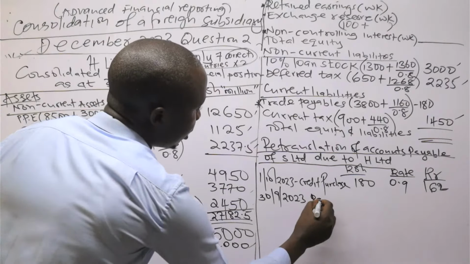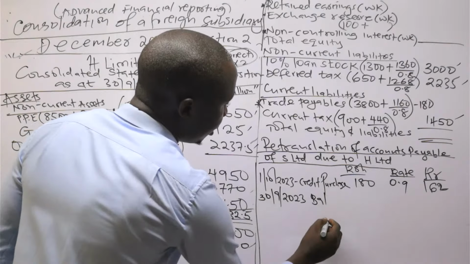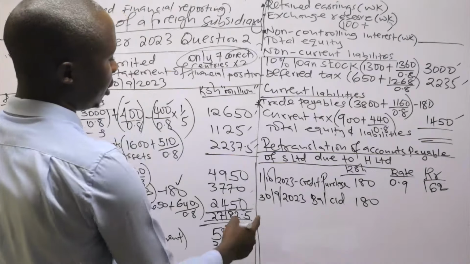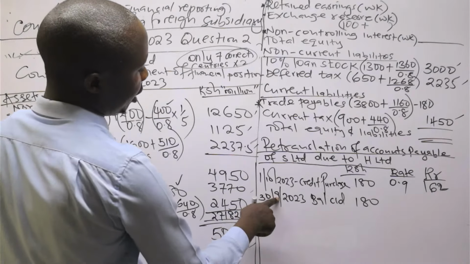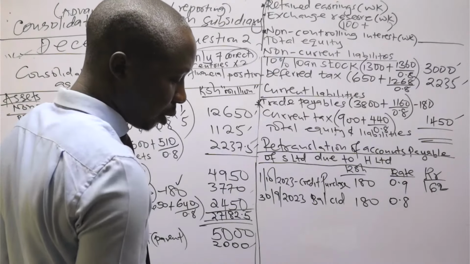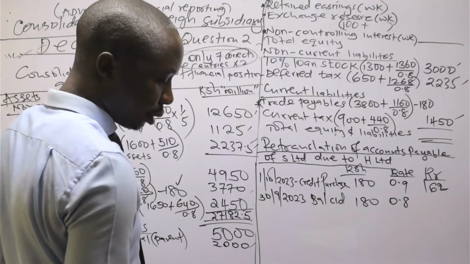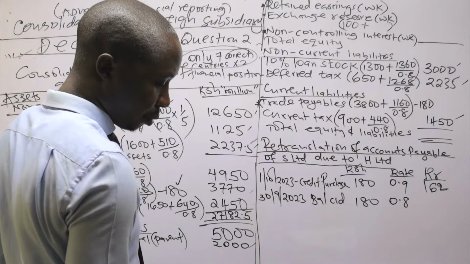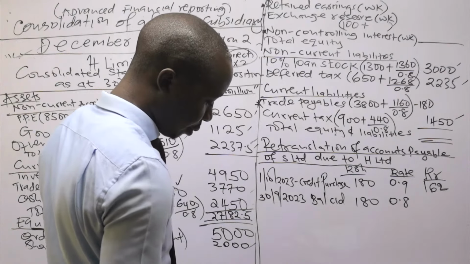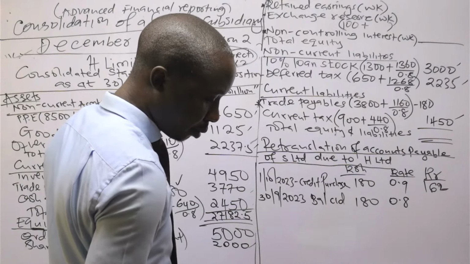So the balance attributable to hedge by the end of the year, balance carried down. Remember that it will be translated at which rate? On 30th September 2023, we have a rate of 0.8. So 180 times 0.8, that is 144.